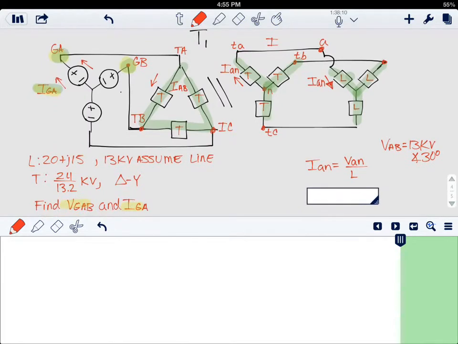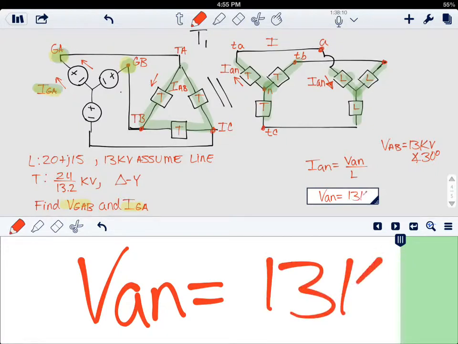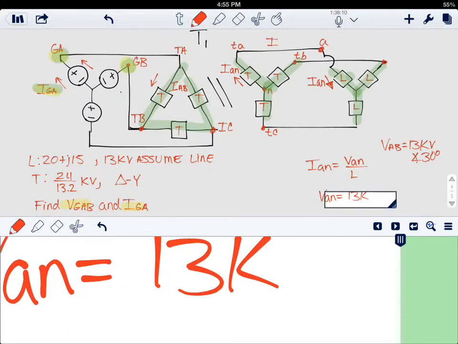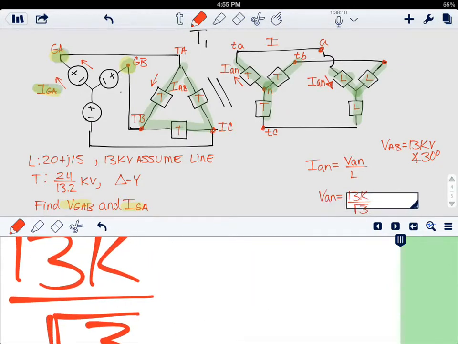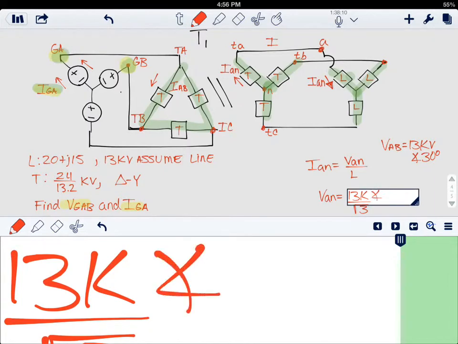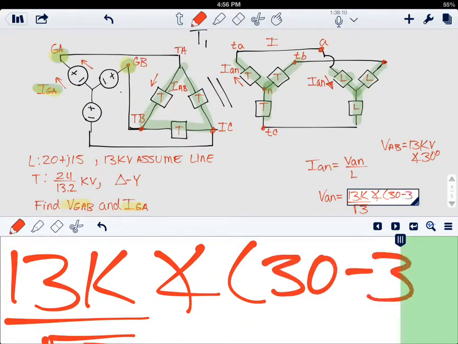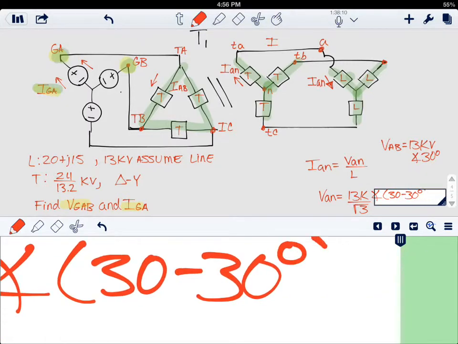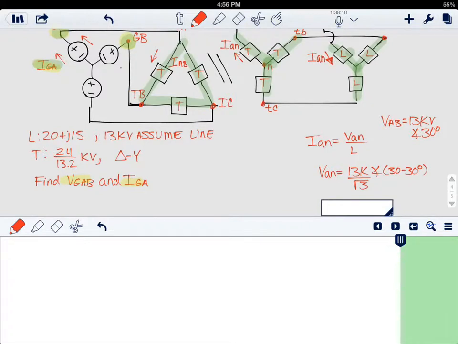Knowing this, we could find the phase voltage at the load, and this is done by dividing by the square root of 3 and subtracting 30 degrees from the angle.